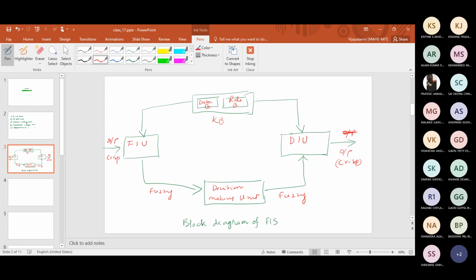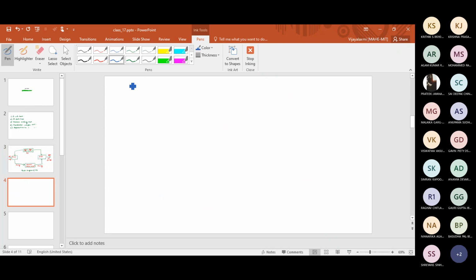Now let us go to methods of fuzzy inference system. There are two types. One, you might have heard this word, is Mamdani FIS, Mamdani fuzzy inference system. The second one we call Sugeno FIS.